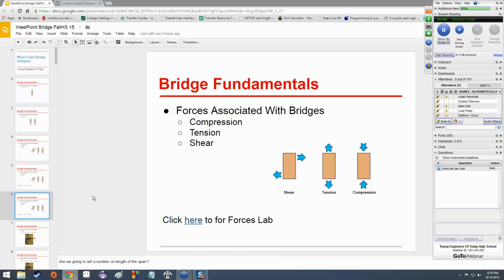So the first one, what do you think the first one is? What do you think is the force, or load, that is always acting upon a bridge? A force acting upon a bridge constantly would probably be like gravity or something like that, but what kind of load do you think a bridge has to contend with constantly?